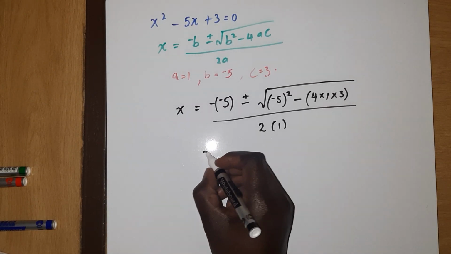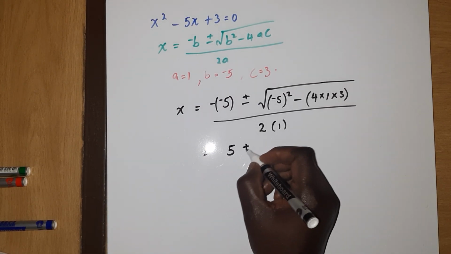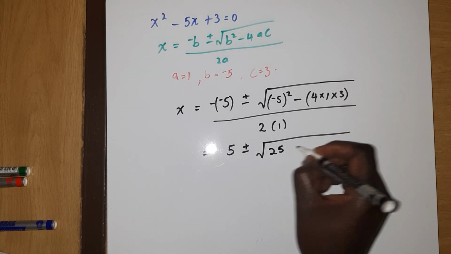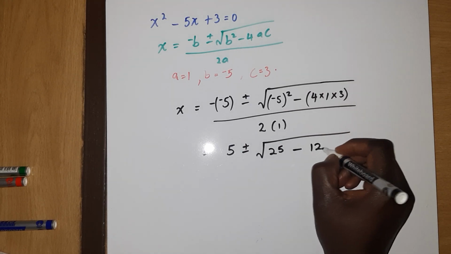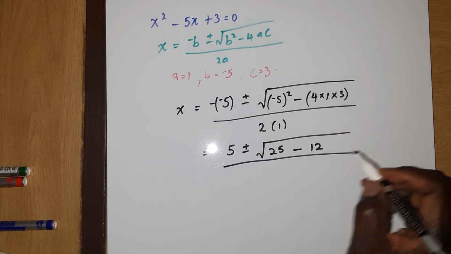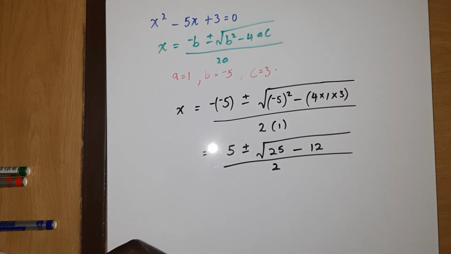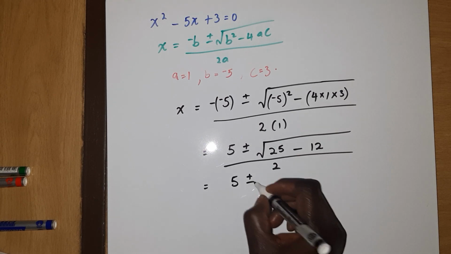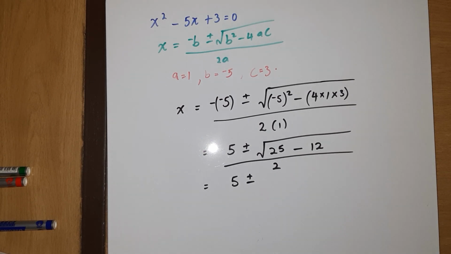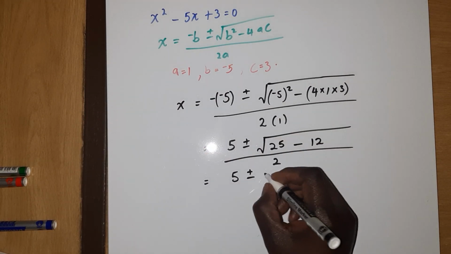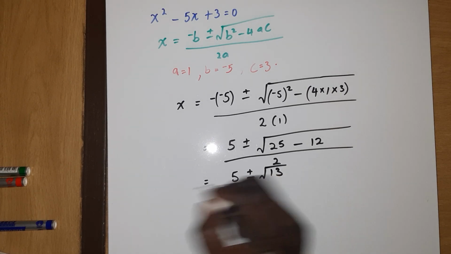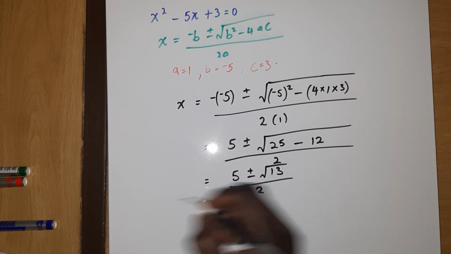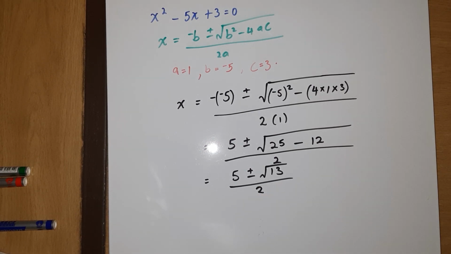Okay, so this would give us 5 plus minus the square root of 25 minus 12, all over 2. So x will give us 5 plus minus, 25 minus 12 is 13, the root of 13, all over 2.